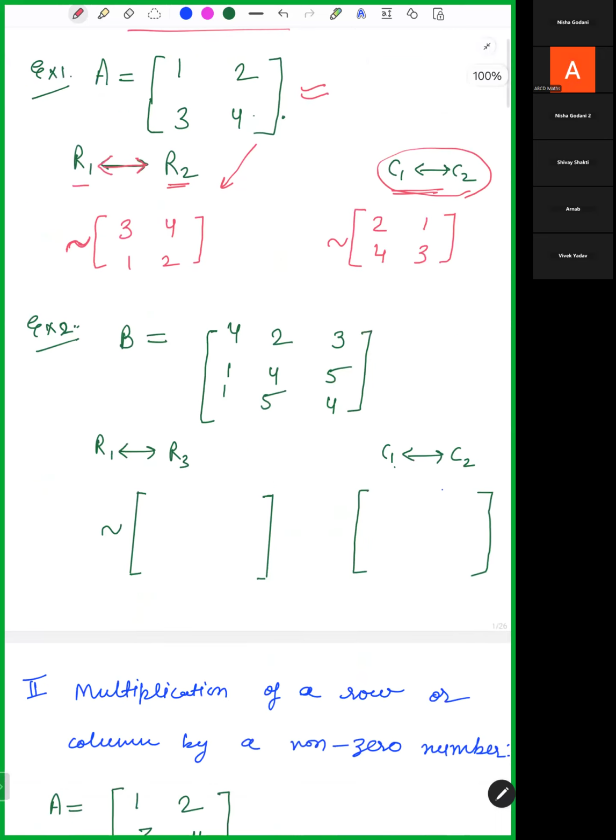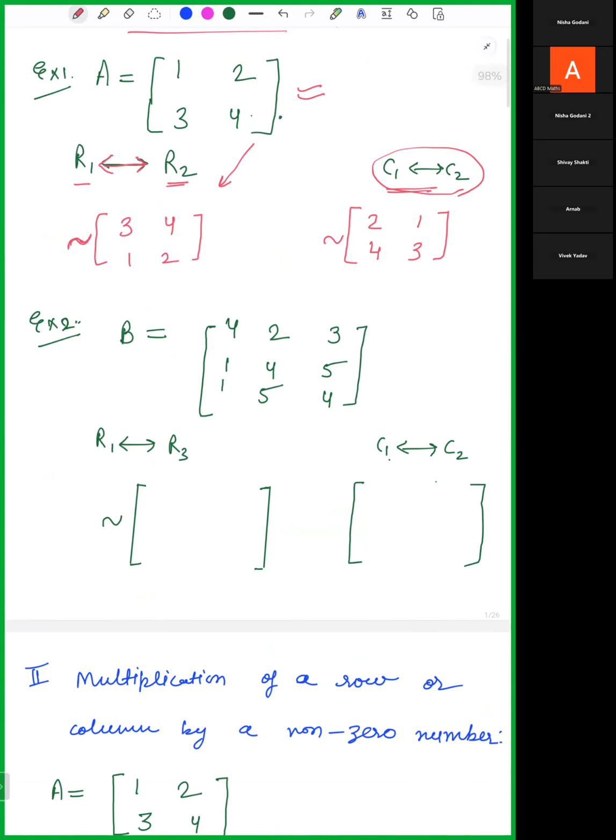Similarly, you can do this if you have a matrix of order 3 cross 3 having 3 rows. Now if you have to interchange R1 with R3, what to do? The first row will now become 1, 5, 4. The second row will be as it is, and the third row will be 4, 2, 3. So in this way you can interchange.